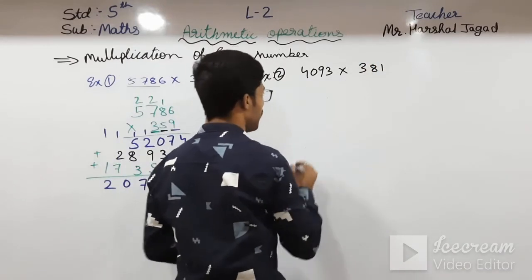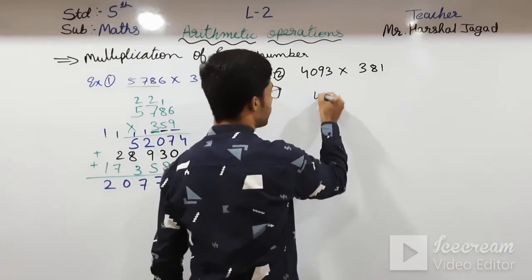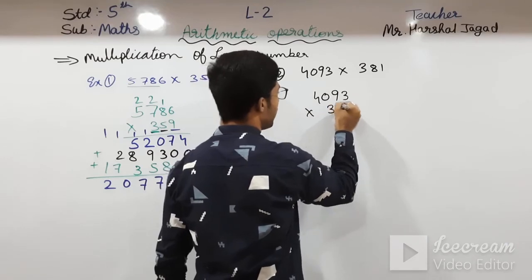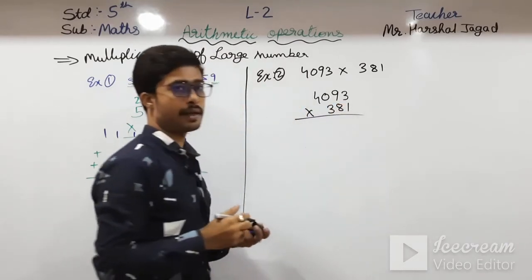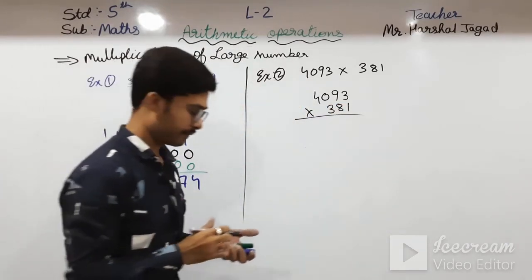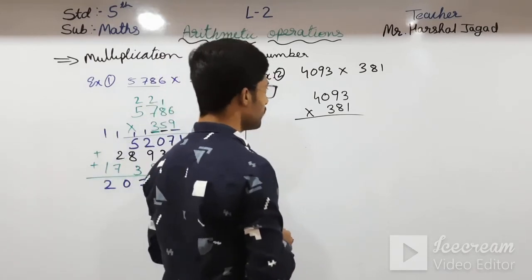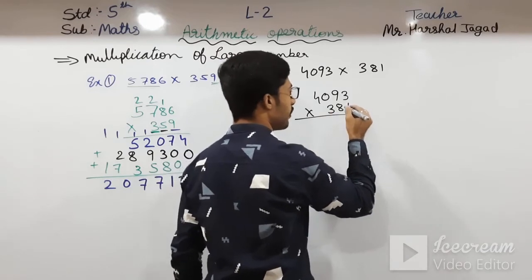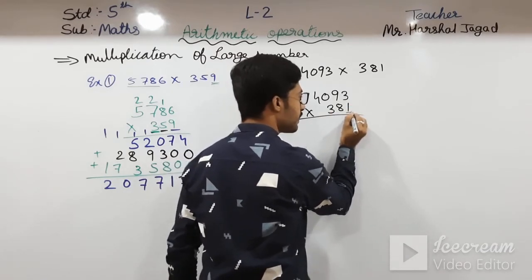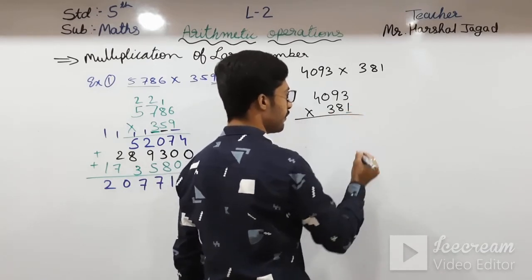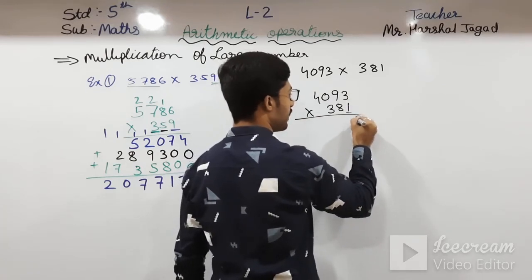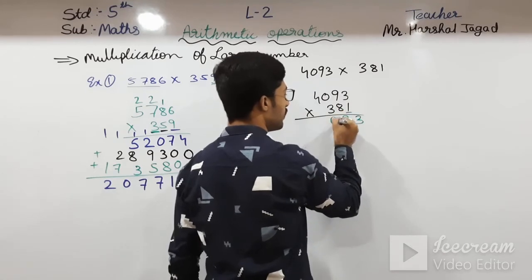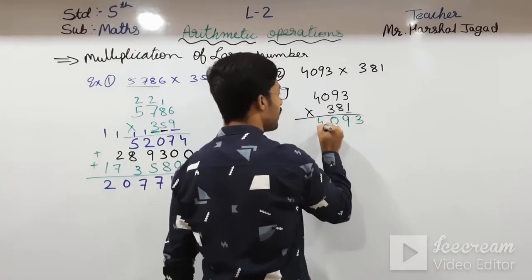First of all, we will start with our unit place. 3 ones are 3, 9 ones are 9, 0 ones are 0, 4 ones are 4.